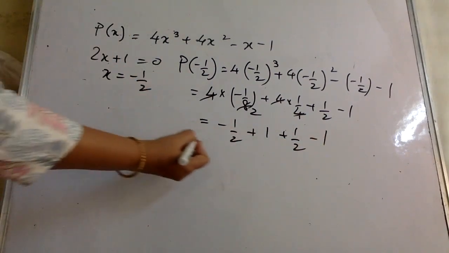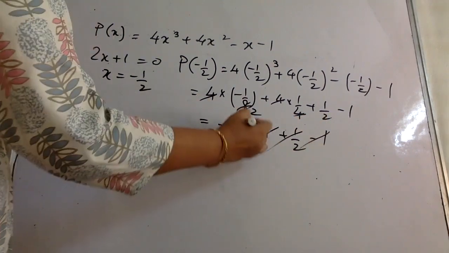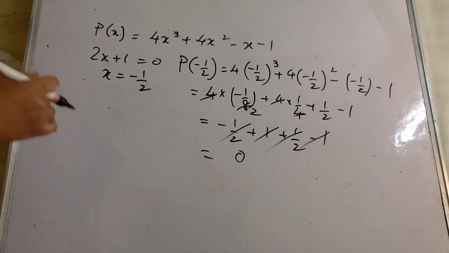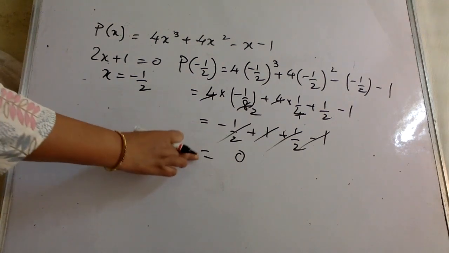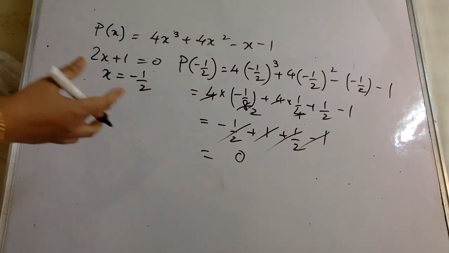Now you see, clearly the answer is 0. Don't start adding, subtracting, multiplying, dividing, nothing. You don't need anything. If you're doing your sum correctly, it is fewer calculations, remember. So here, this is 0. You have got your answer as 0. That means the remainder has come to a 0.